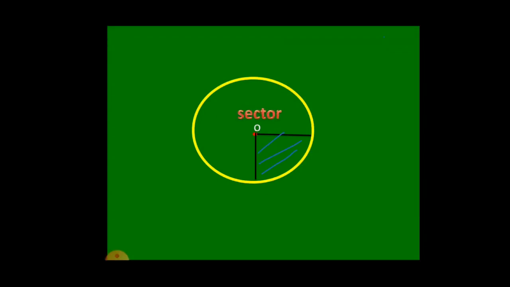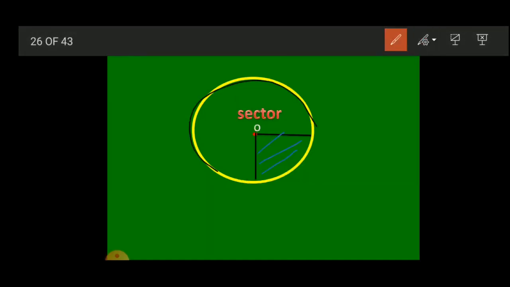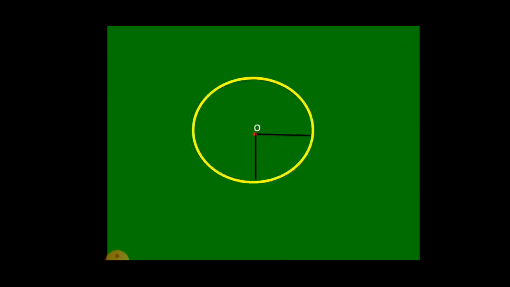If the sector of the circle is formed by a major arc, it is called a major sector, and if this sector is formed by a minor arc, it is called a minor sector. So here you can see the minor sector and the major sector of the circle.